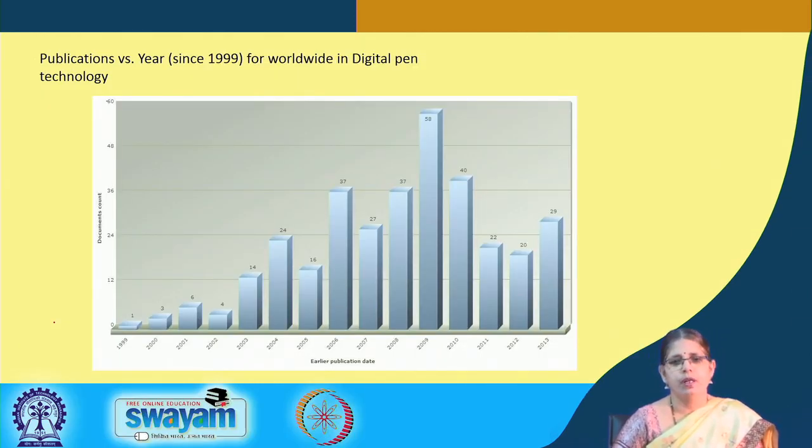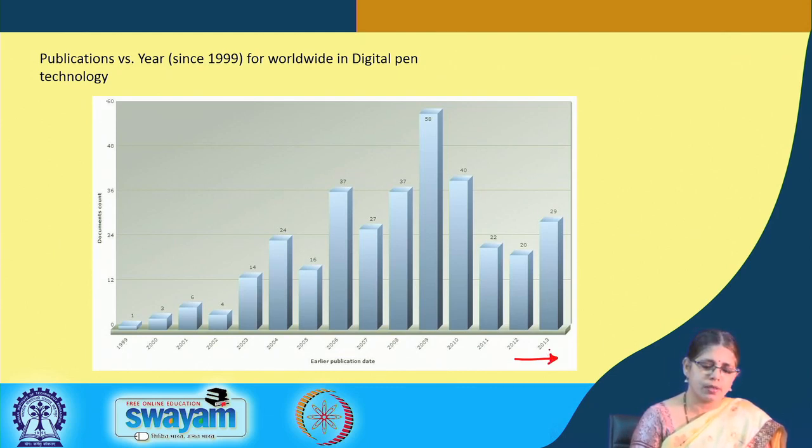So, out of the data that is available, let us look at some of the data analysis done in this particular case. So, if you are looking at from the point of view of 1999 to the period of 2013 on the x axis, one can see the growth periods are picking up from the time of 2003 to the maximum number of publications in the year 2009, maintaining that to a certain level up to 2010, and then it falls.